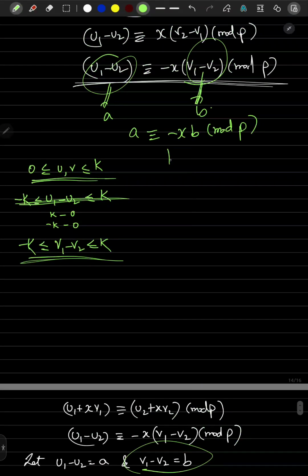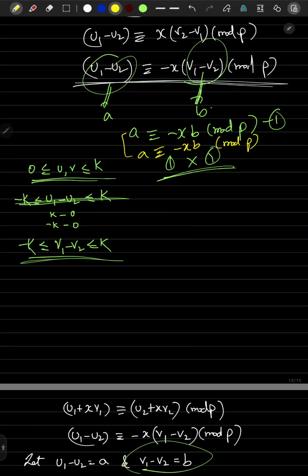Next, from this step take this one and multiply it by itself. We can multiply congruences with each other. So a square is congruent to x square b square mod p.